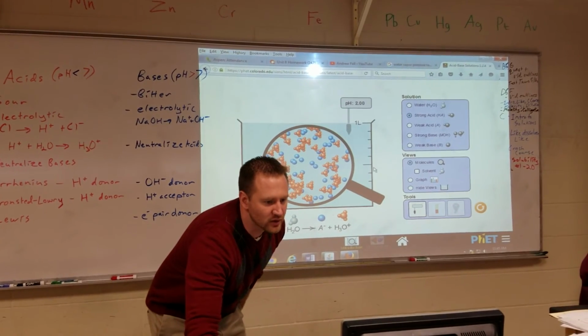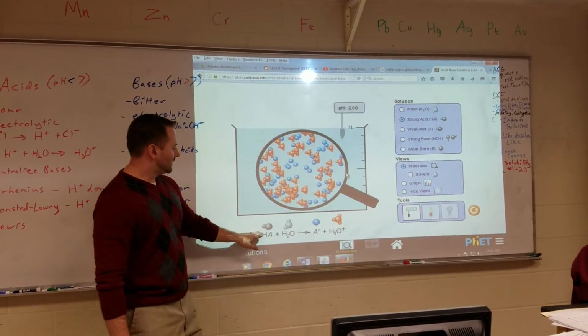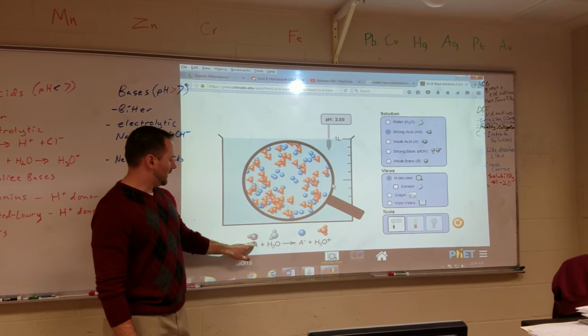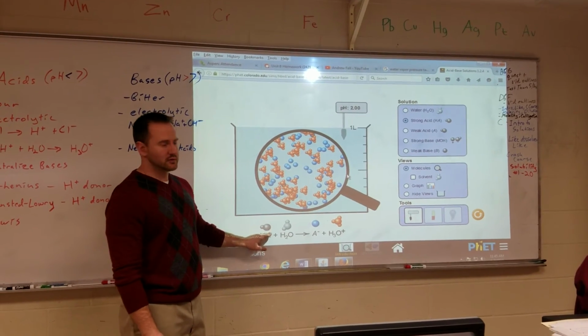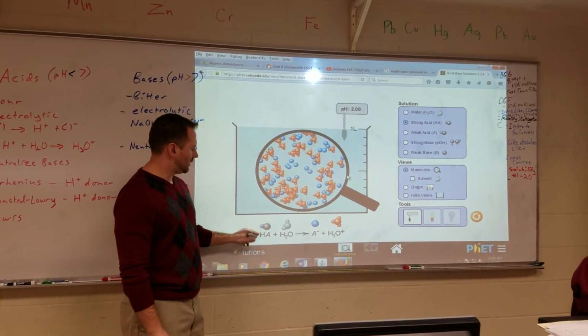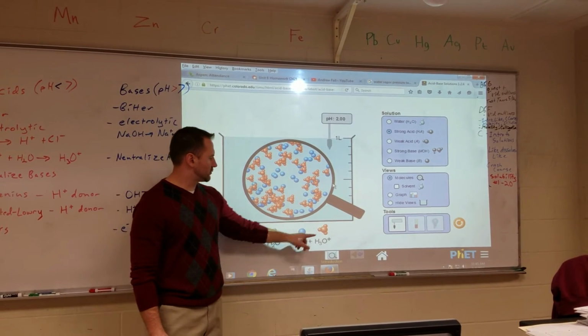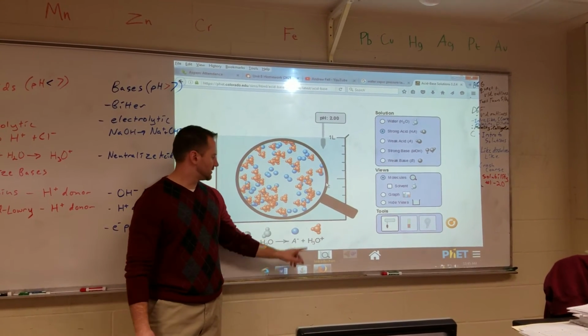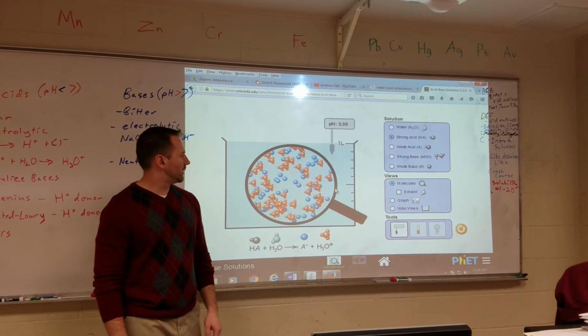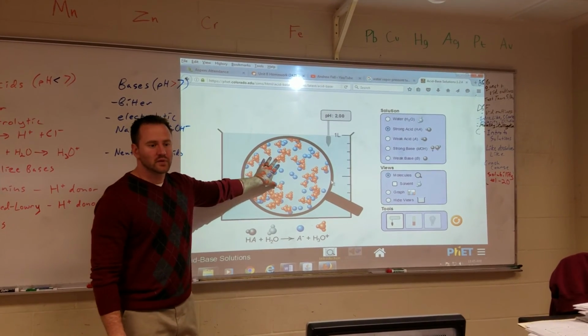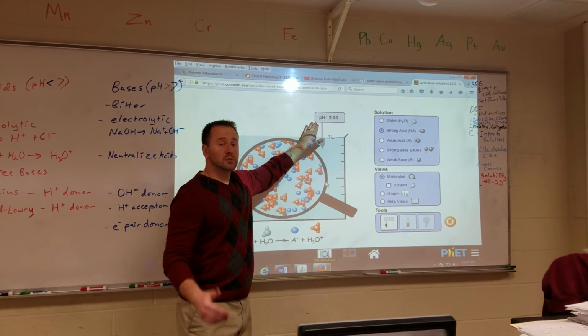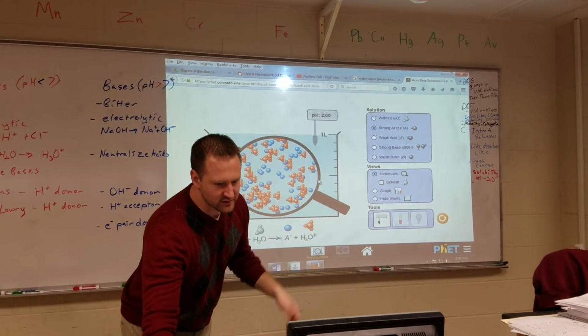If we're looking at a strong acid, you can see that it dissociates completely. A represents the conjugate base of the acid, and we'll get to that in another video as well. Basically it dissociates to produce hydronium ions, or H+ ions, and the remainder is left behind, completely separated. Notice that it has a pH of 2, which is relatively acidic at that concentration.